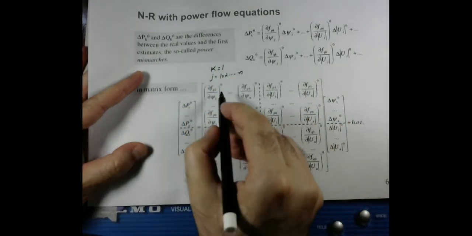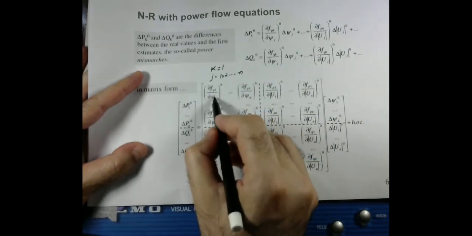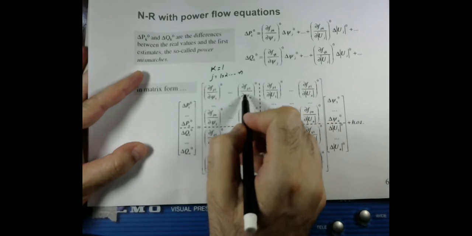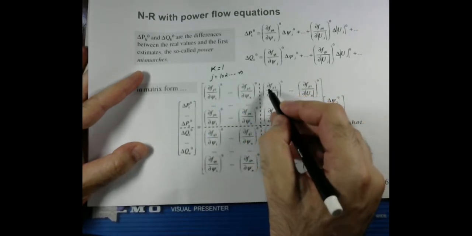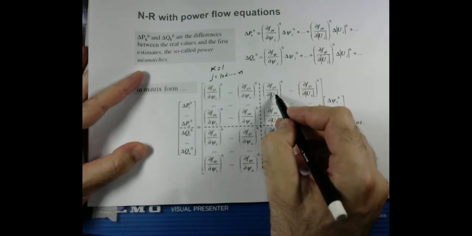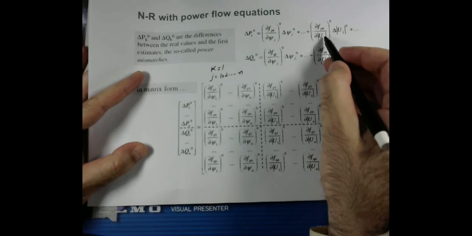So this is the derivative of the function with respect to the angles, depending on how many buses we have, and this is the derivative of the same function with respect to the voltage magnitude. Likewise, J once again varies from 1 to n.